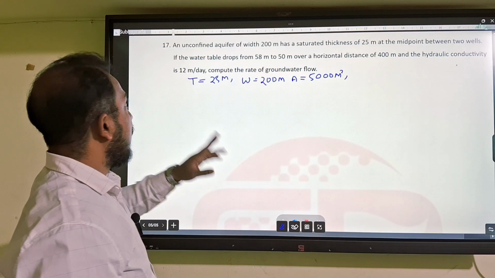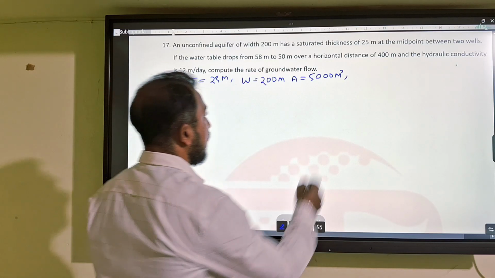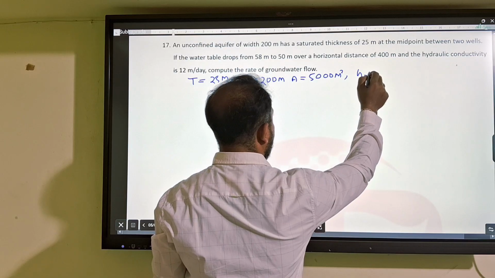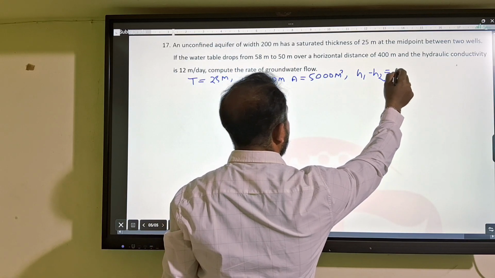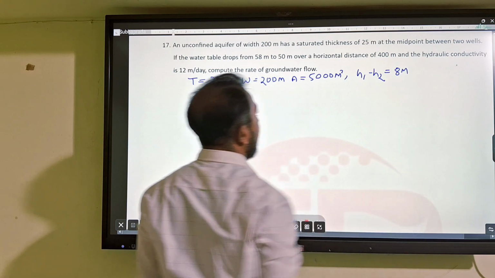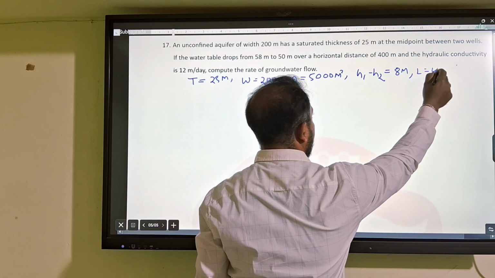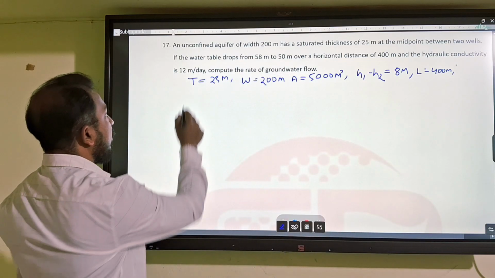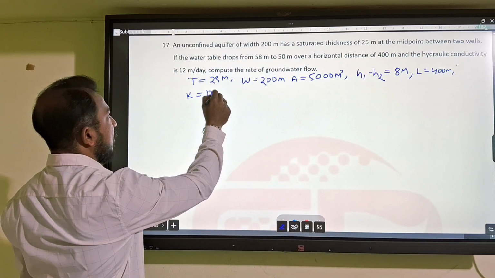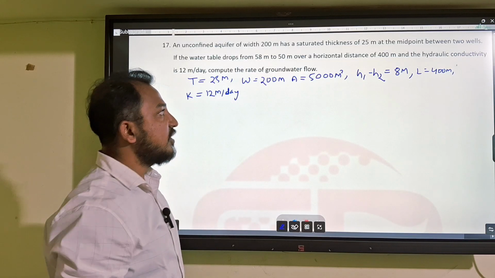At the midpoint between two wells, if the water table drops from 58 meter to 50 meter, that means your H1 will be 58, H2 will be 50. So we'll directly write down 8 meter. And the horizontal distance, that is your L, it is 400 meter. And the hydraulic conductivity is given 12 meter per day. The same question, you try to solve this.